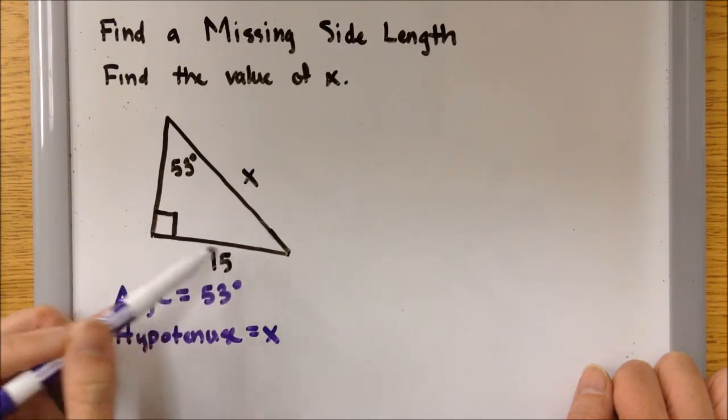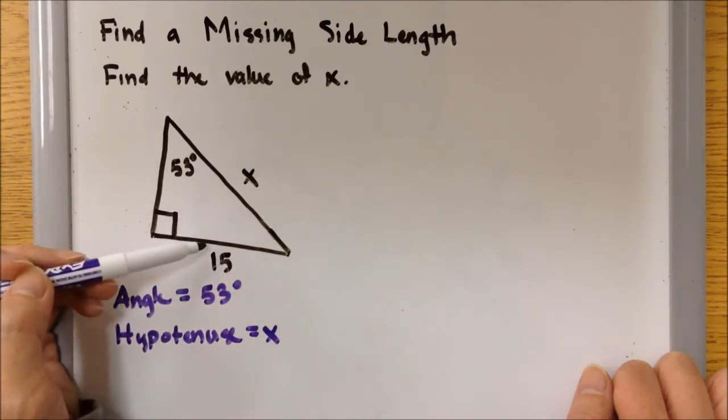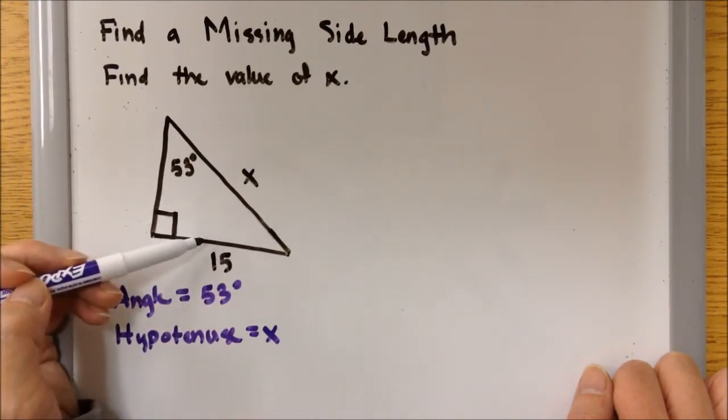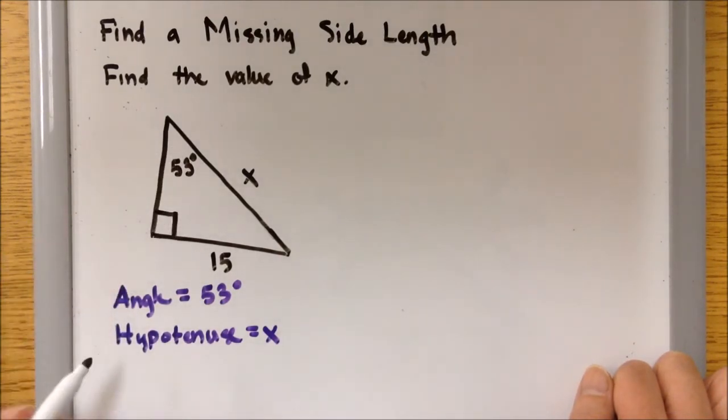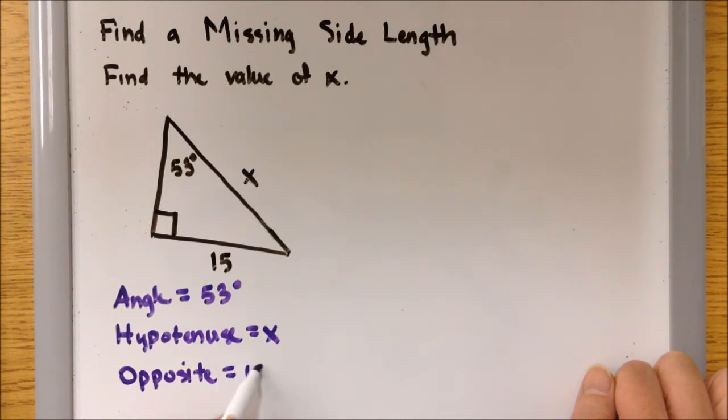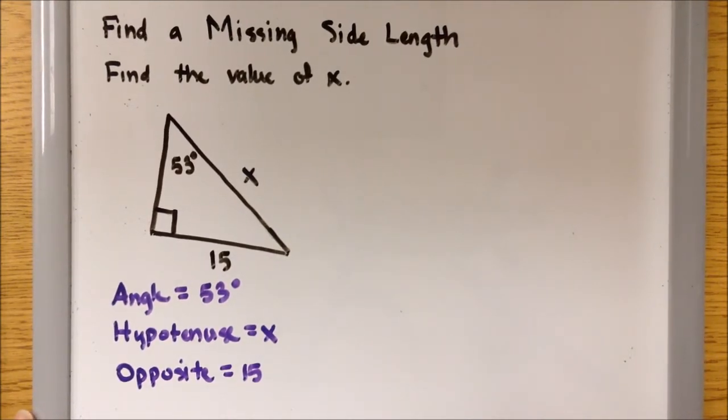And then we look for the side that is 15. If we compare it with the angle, it's not next to it, so it's not adjacent. It's across, so therefore it's opposite, which is 15. Alright, now we got our information. Angle, 53 degrees. Hypotenuse, which is x. And opposite, which is 15.